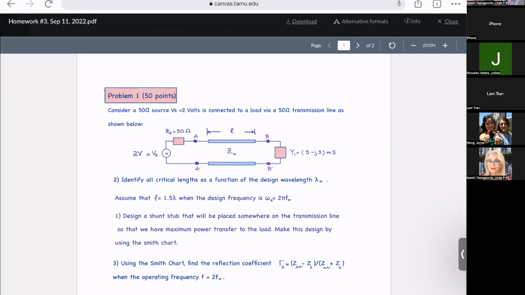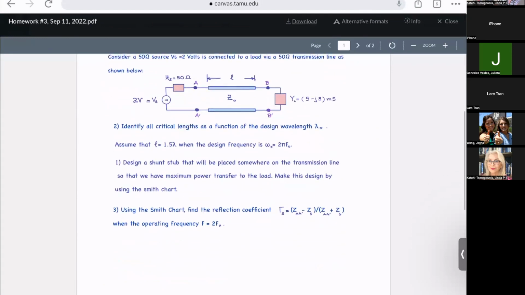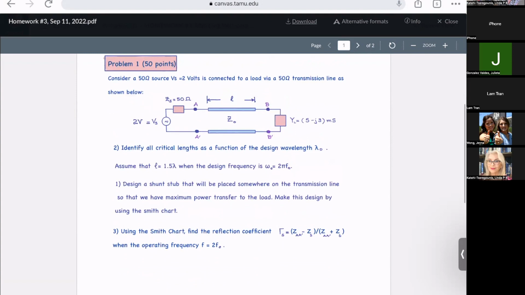And then it gives you a load admittance and says, identify all critical lengths as a function of the design wavelength lambda. Assume that L is 1.5 lambda when the design frequency is omega naught equals 2 pi f naught.